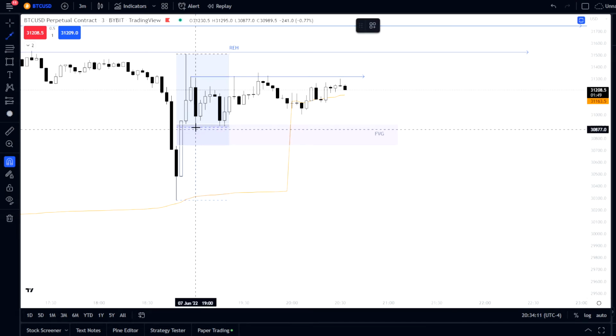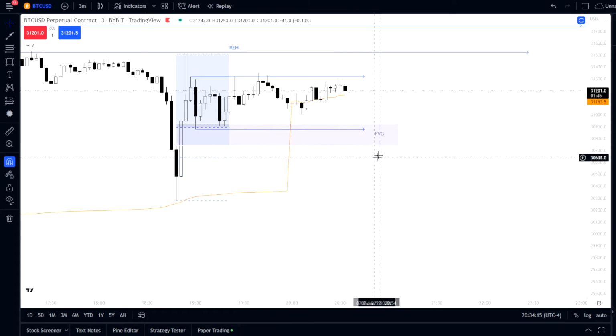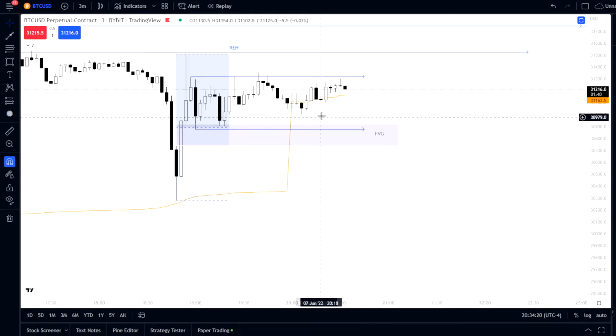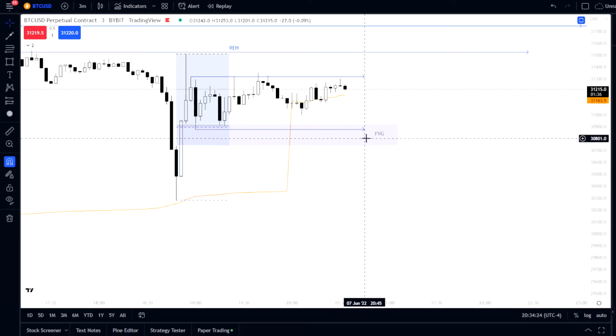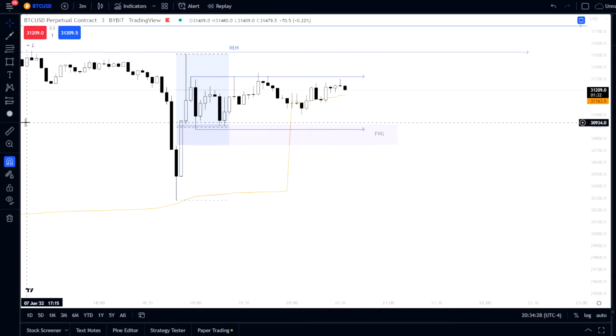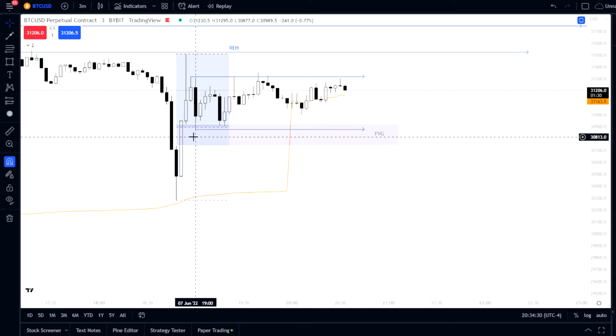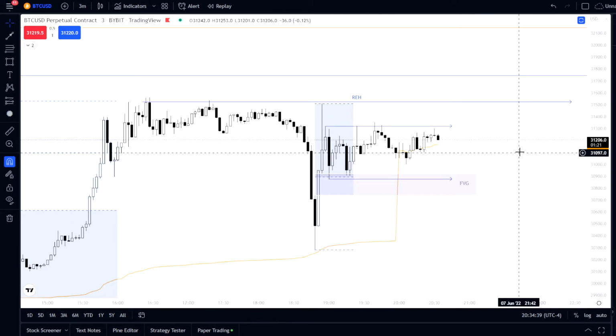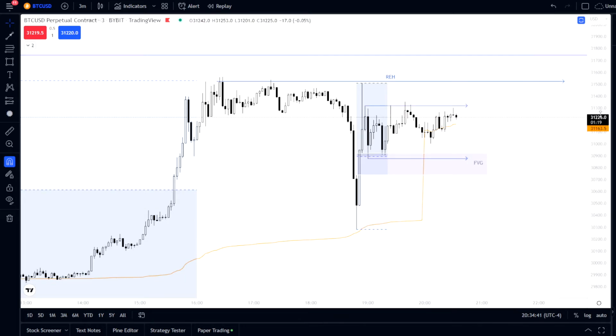These equal lows are also going to be a draw on liquidity. We expect the market, it's possible that the market comes down and attempts to rebalance this fair value gap. At the same time, it would be tagging sell side liquidity below these equal lows, 1, 2. But overall, this is really bullish for Bitcoin.